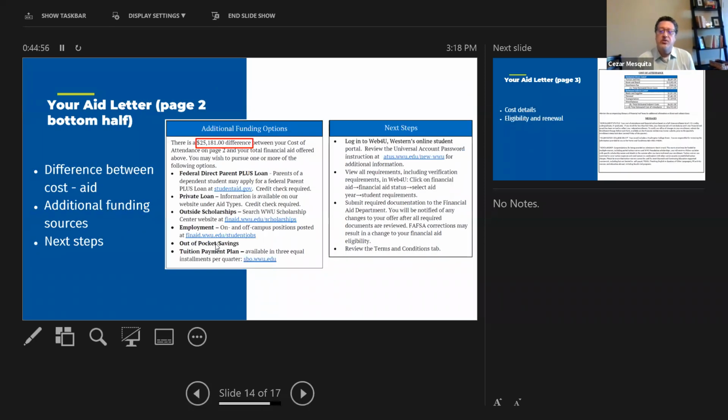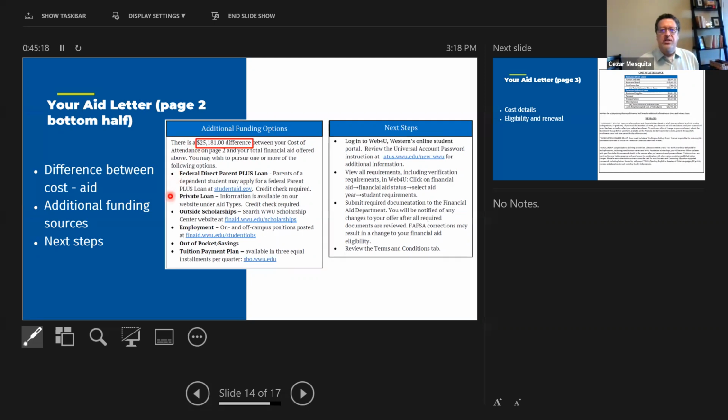The bottom of page 2 is the same for the residents and the non-residents. I really make note of this rectangle over here, the box for additional funding and the next steps. In this one particular, it does list the exact difference between the cost of attendance and the total aid offered.